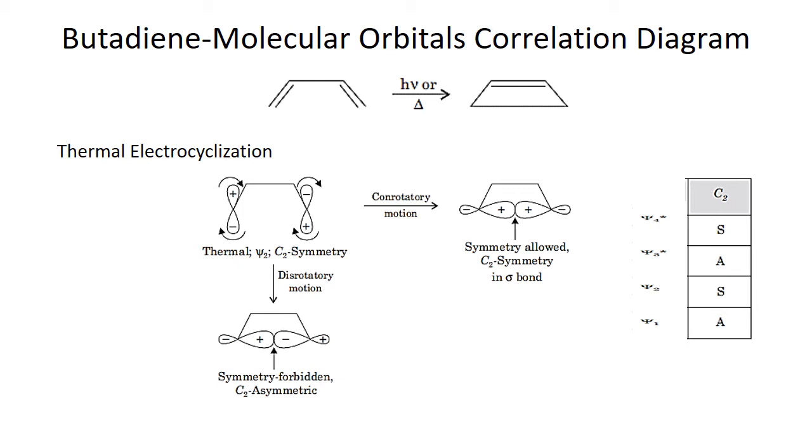So there are two possibilities for thermal electrocyclization. We have already talked about the conrotatory and disrotatory motions that go on in electrocyclization.